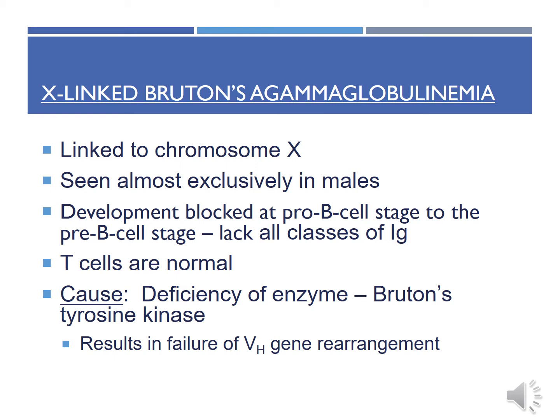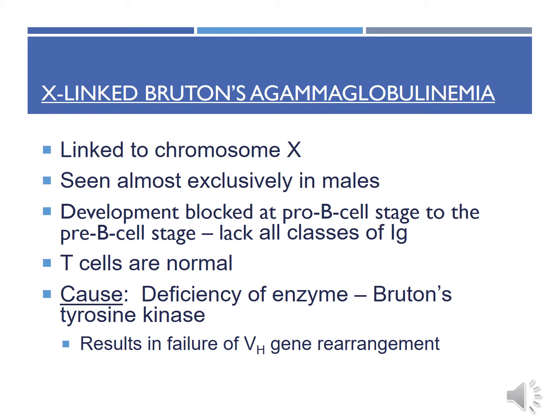That means we have no classes of Ig whatsoever, so we have no antibodies. It's because of a deficiency in an enzyme called Bruton's tyrosine kinase, and this deficiency is from the failure of the variable H gene rearrangement.